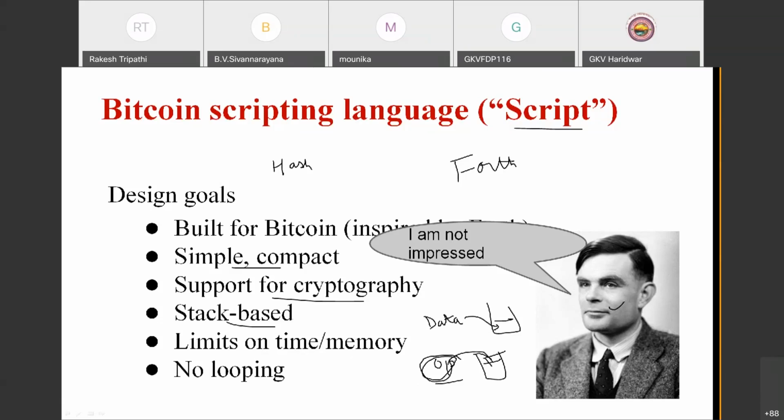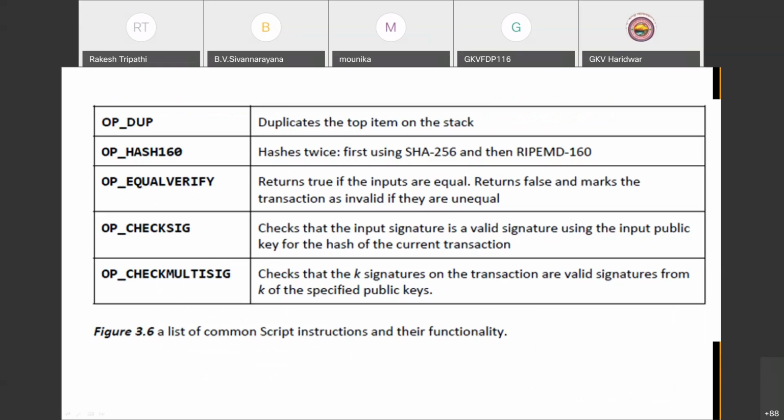And he is Alan Turing. This language is not Turing complete because you cannot write complex functions. There are special opcodes: OP_DUP, OP_HASH160, OP_EQUALVERIFY, OP_CHECKSIG, OP_CHECKMULTISIG. OP_DUP duplicates the top item on the stack.